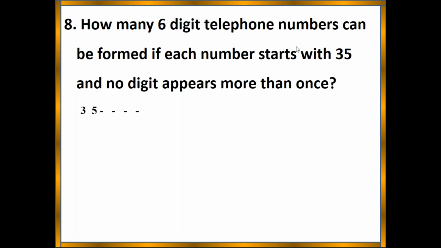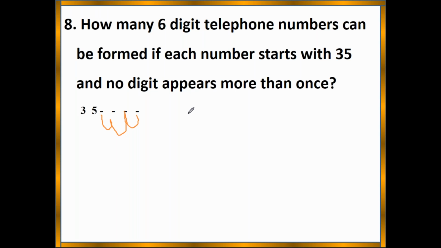So we have to use 0 to 9, any digit, but out of 6 digits, the first 2 digits are 3, 5. And in the remaining 4 places, digits are repeated or not repeated compulsorily? Not repeated, sir.